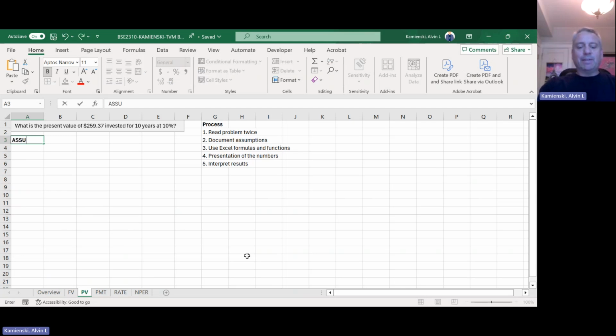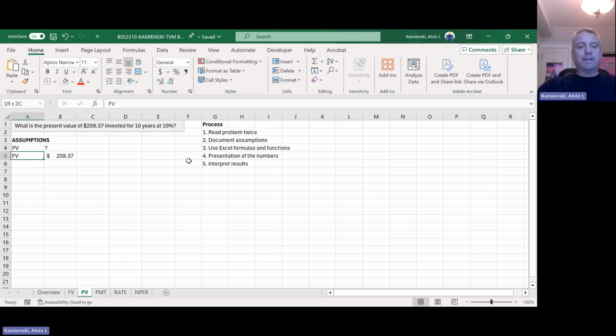Same basic idea then, now that I've read the problem twice, is to document the assumptions. When we're asking for present value, that's an easy enough thing to know that we're looking for. But whenever we see money at a given point in time, anything that is not a present value is by definition a future value.